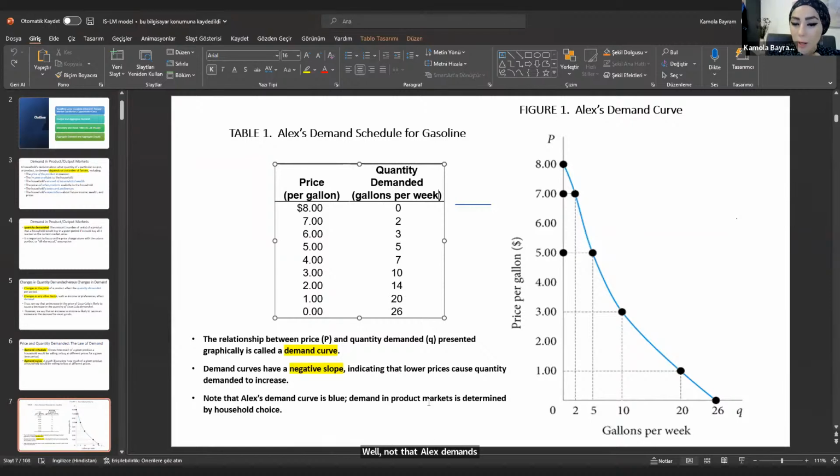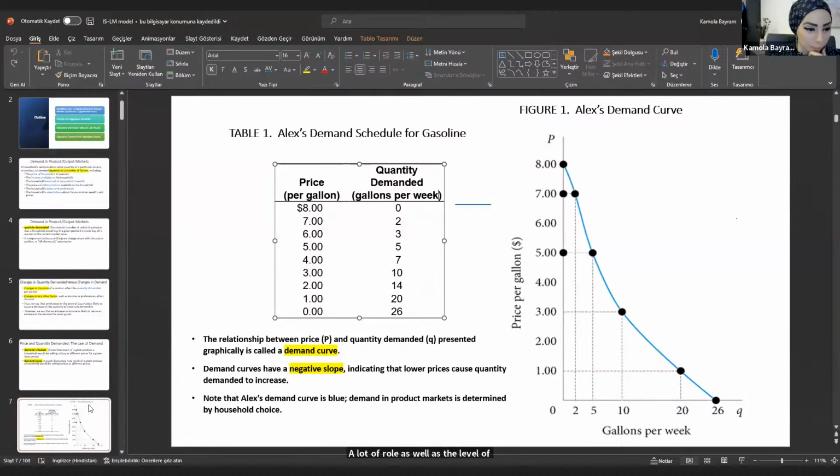Demand in product markets is determined by household choice. Again, demand in product markets is determined by household choice. So here, tastes and preferences play a lot of role, as well as the level of income.